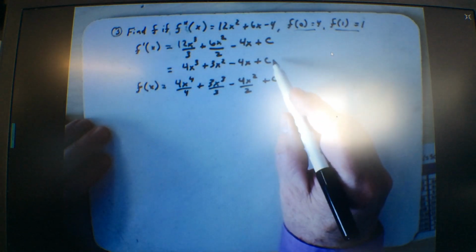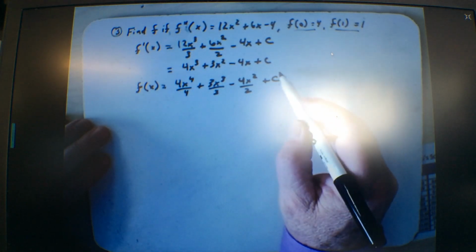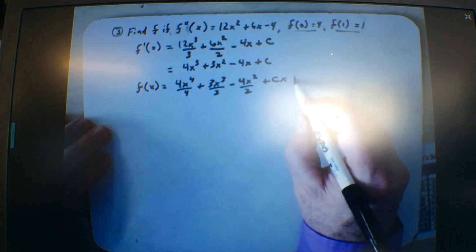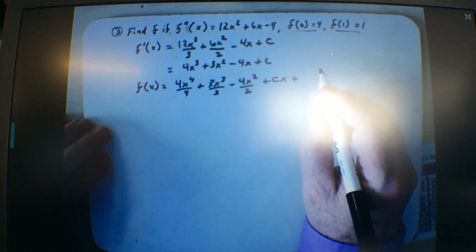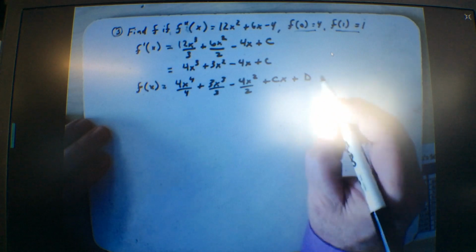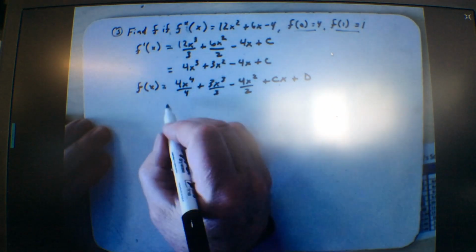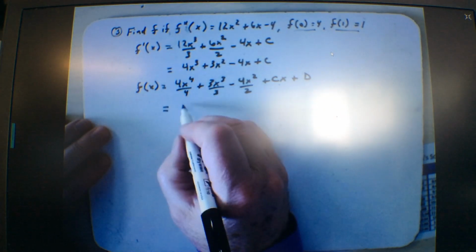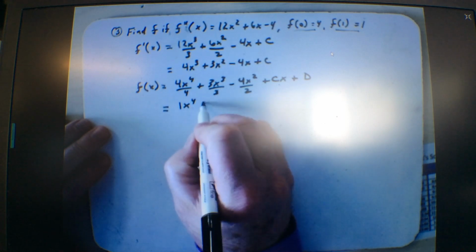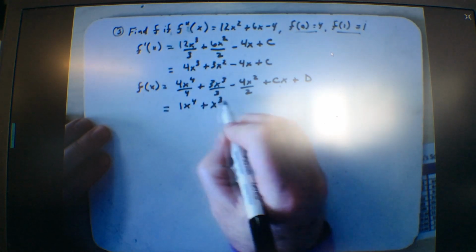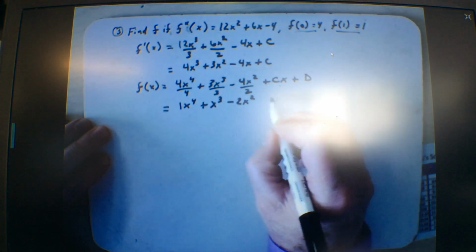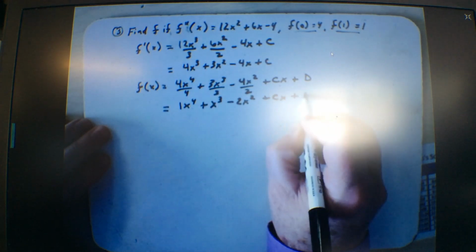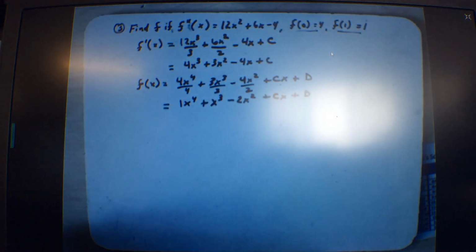Because it's x to the 0, so I had to raise it up and divide by 1. But now I add a new constant. I don't want it to be c, so I'll call it d. Now let's simplify this: 1x to the fourth plus 1x cubed minus 2x squared plus cx plus d. All right? That's the original.